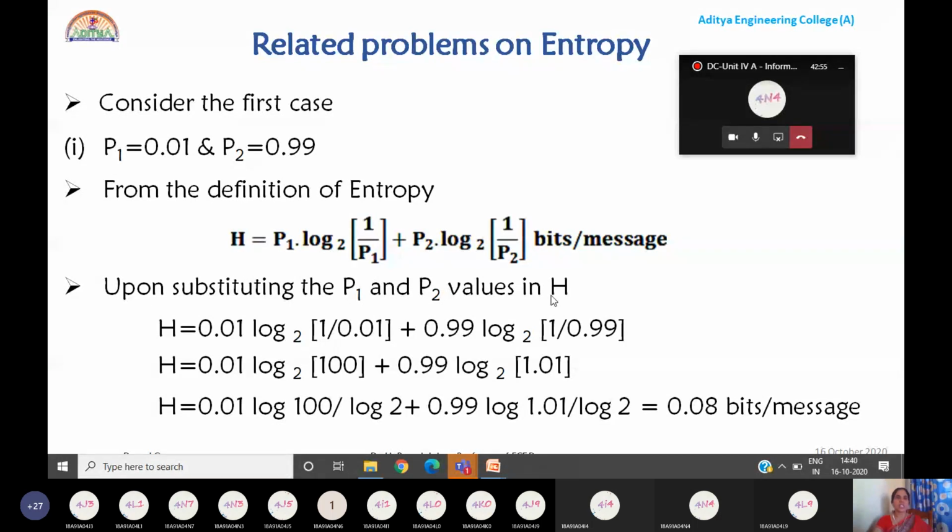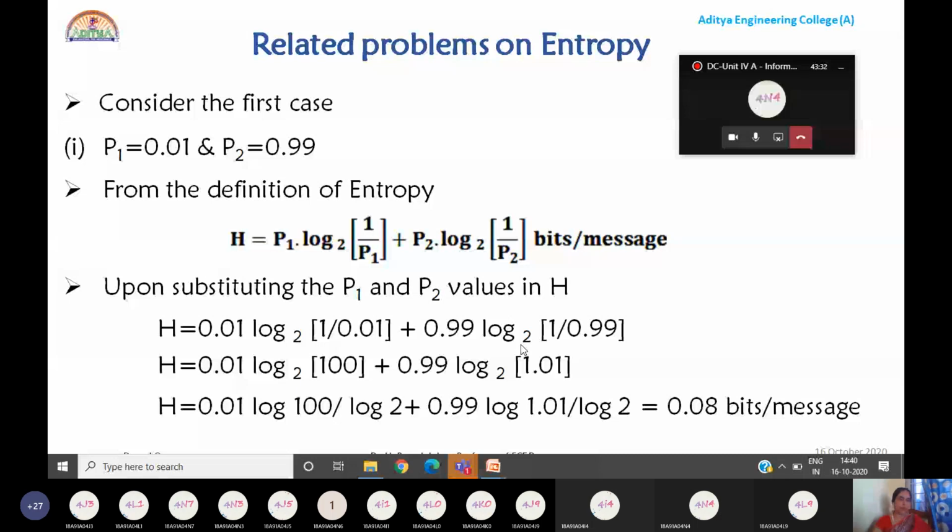This is the first case, and this is the equation for entropy for two messages. Upon substituting P1 and P2, H will be 0.01 log 1 by 0.01 base 2 plus 0.99 log 1 by 0.99 base 2.